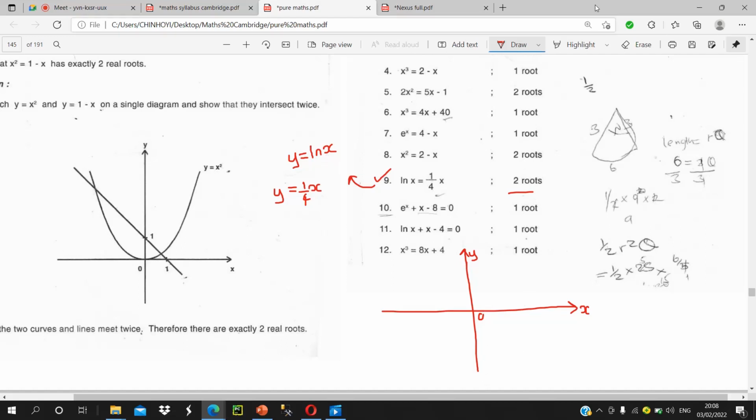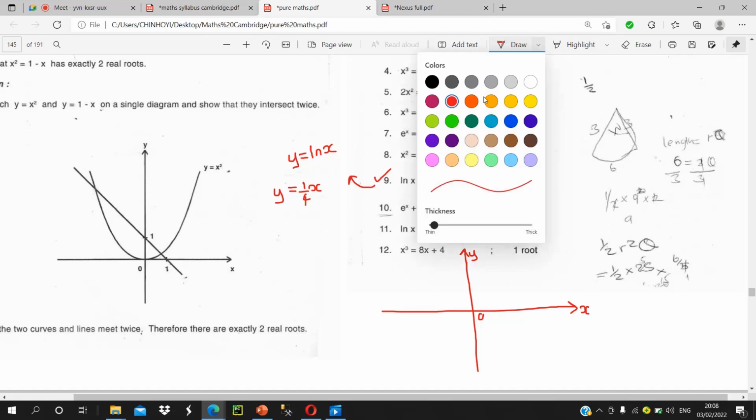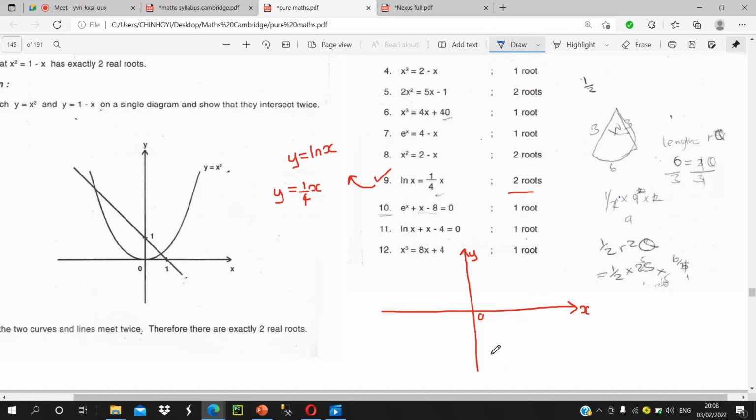So for the graph of ln x, here is the correct shape. Again, we consider the correct shape. It approaches this one with this. This one is the graph for ln x, and it cuts at what? At 1, right? Yes.